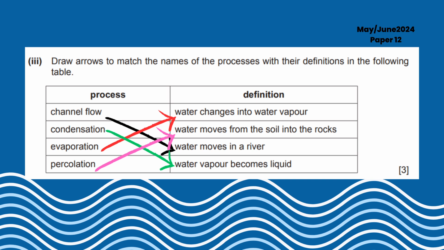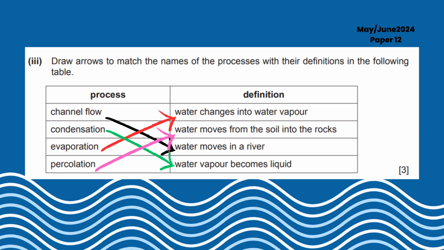Next is condensation. For condensation, the answer is water vapor becomes liquid. Condensation is gas, right? Water vapor is a gas. When water vapor in the air cools down, it turns into tiny droplets and forms clouds.